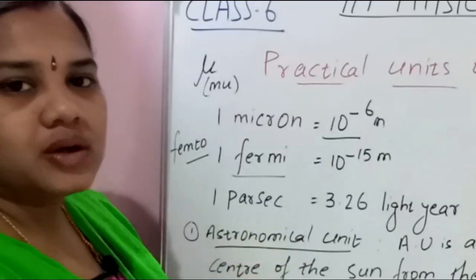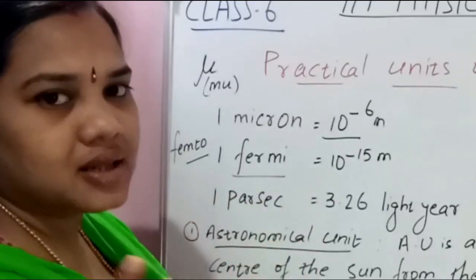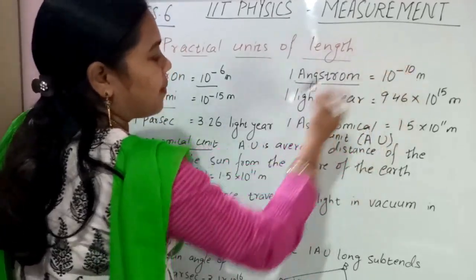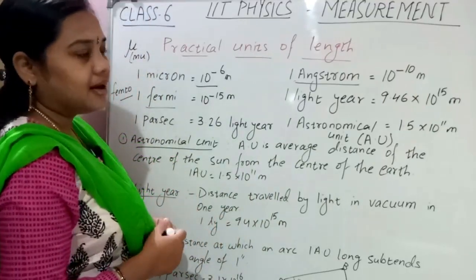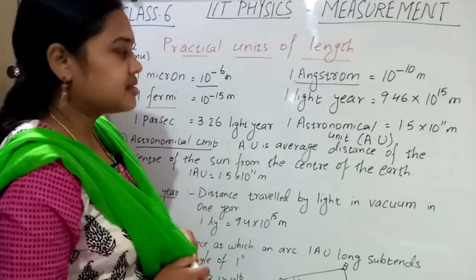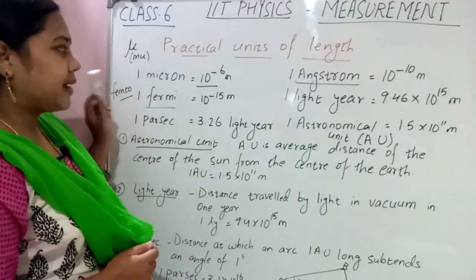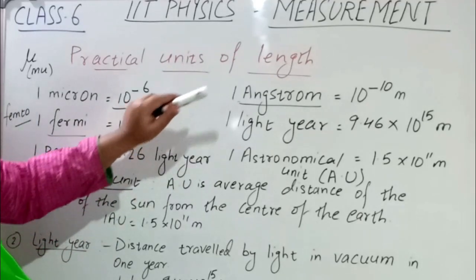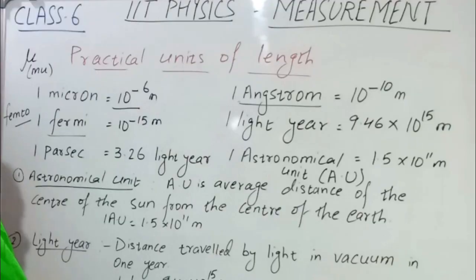Again the power is negative, so it is also a small unit. Next comes angstrom. 1 angstrom is 10 to the power minus 10 meter. Again a negative power, so this is also a small unit. These are the practical units: micron 10 power minus 6 meter, Fermi 10 power minus 15 meter, and angstrom 10 power minus 10 meter.